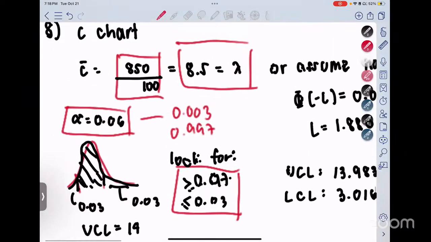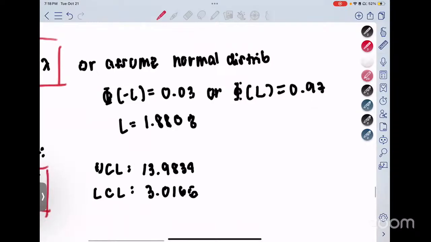Mali pala to. And then basically, this is your upper, this is your lower. You could also just do that.